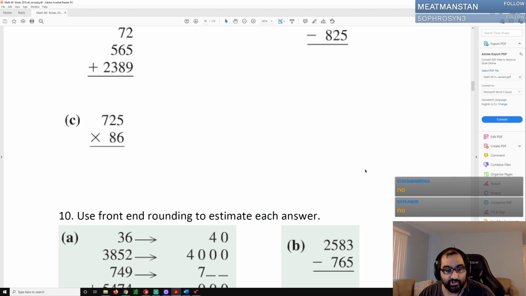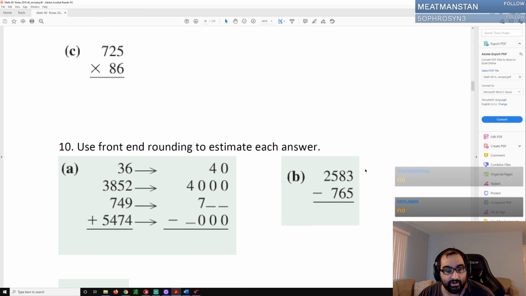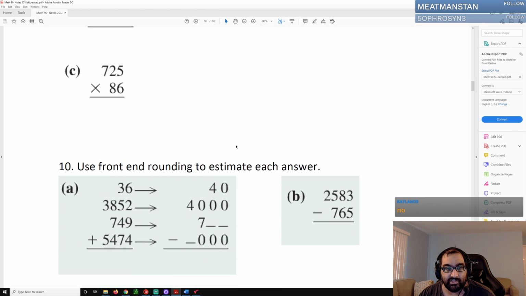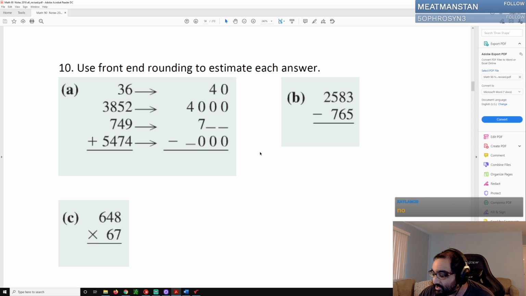Okay, so what we're going to do next here is what's called front-end rounding. We're going to use front-end rounding to estimate an answer. So what exactly is front-end rounding? Well, we've been doing the same things, plus, minus, times, whatever.